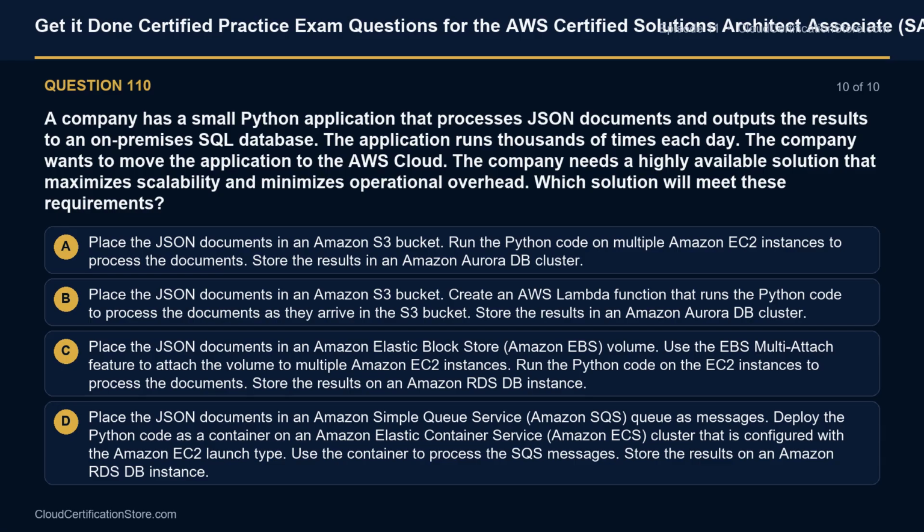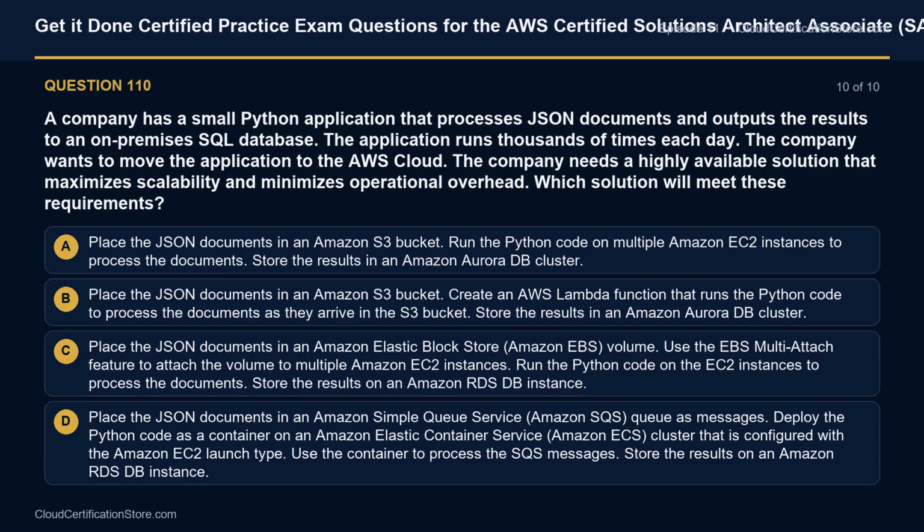Option C. Place the JSON documents in an Amazon Elastic Block Store, Amazon EBS volume. Use the EBS Multi-Attach feature to attach the volume to multiple Amazon EC2 instances. Run the Python code on the EC2 instances to process the documents. Store the results on an Amazon RDS DB instance.